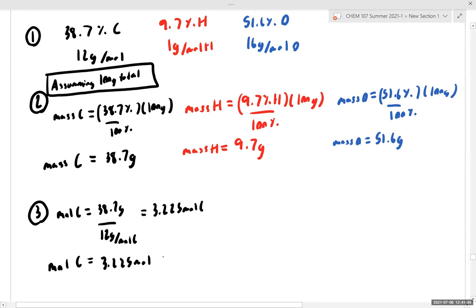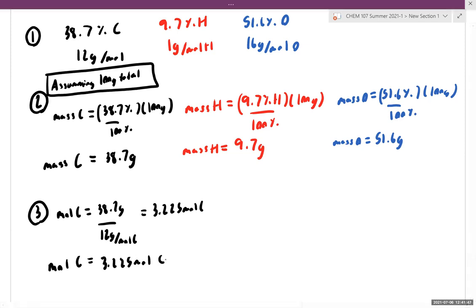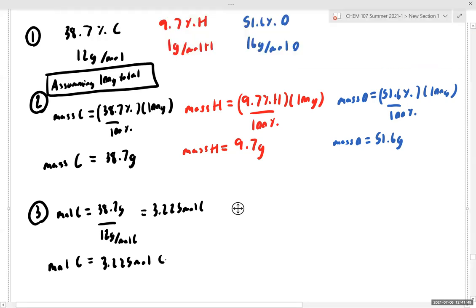Okay. Would anyone like to continue on and advance our discussion by sharing their calculated moles of hydrogen? How many moles of hydrogen do we have in this sample?